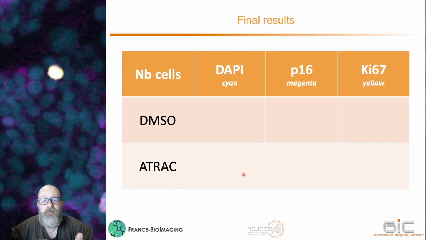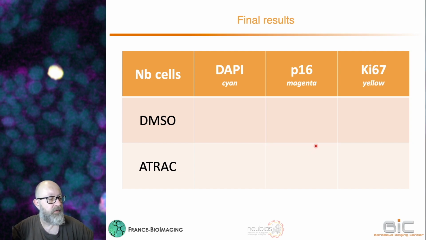And the aim of those measurements is to generate this kind of table, in which you will have the number of cells positive for DAPI, for P16 and Ki67 in all the experimental conditions that you've been playing with during the practicals. So this is what is expected from you to fill out this specific table.